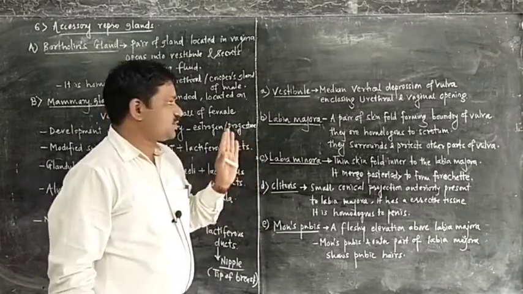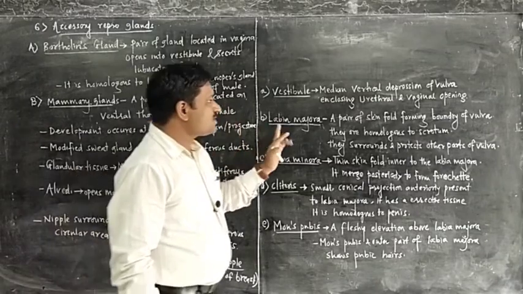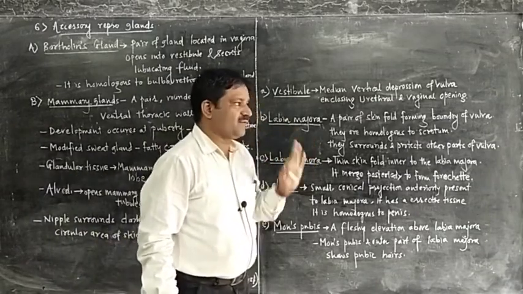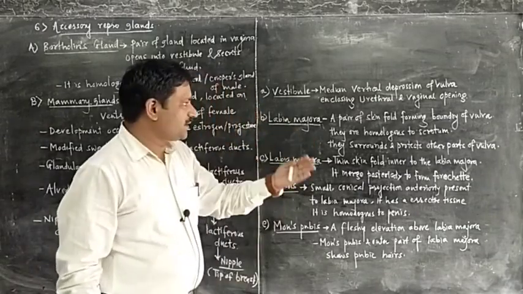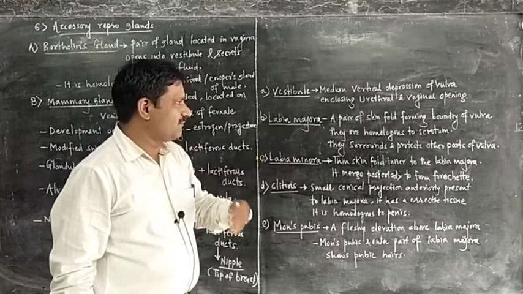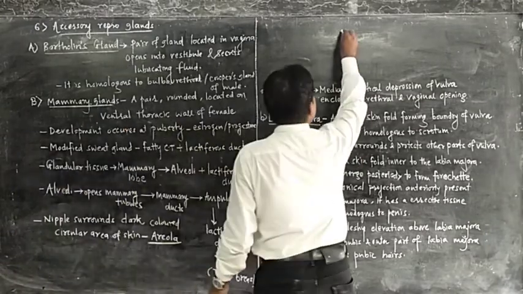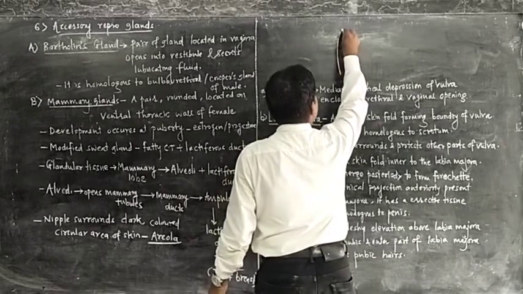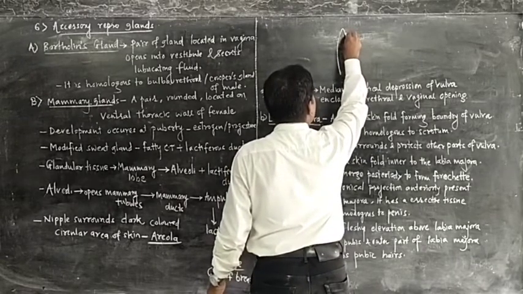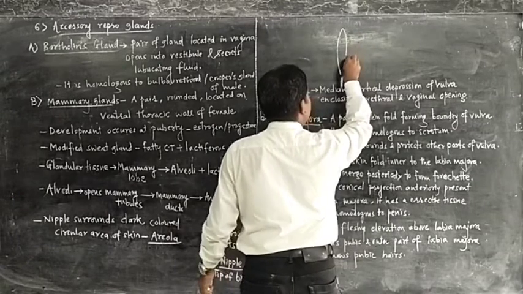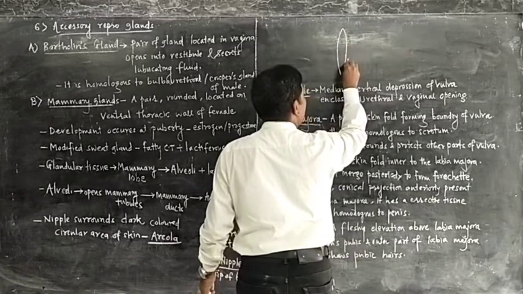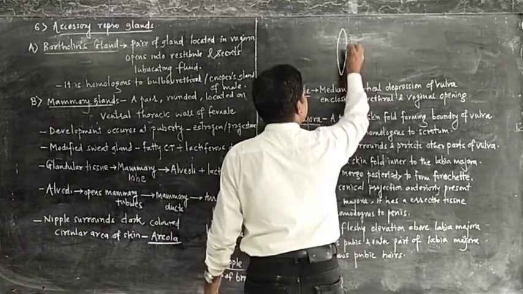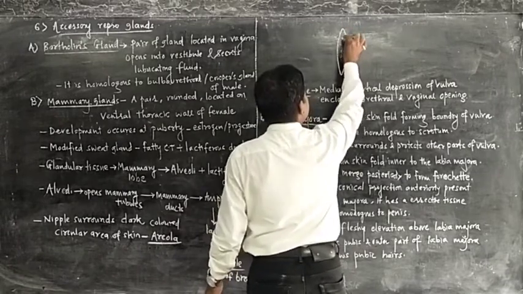This particular structure shows the upper urethral opening and the lower vaginal opening. This central part is called the central median vertical depression, and this part is called the vestibule.